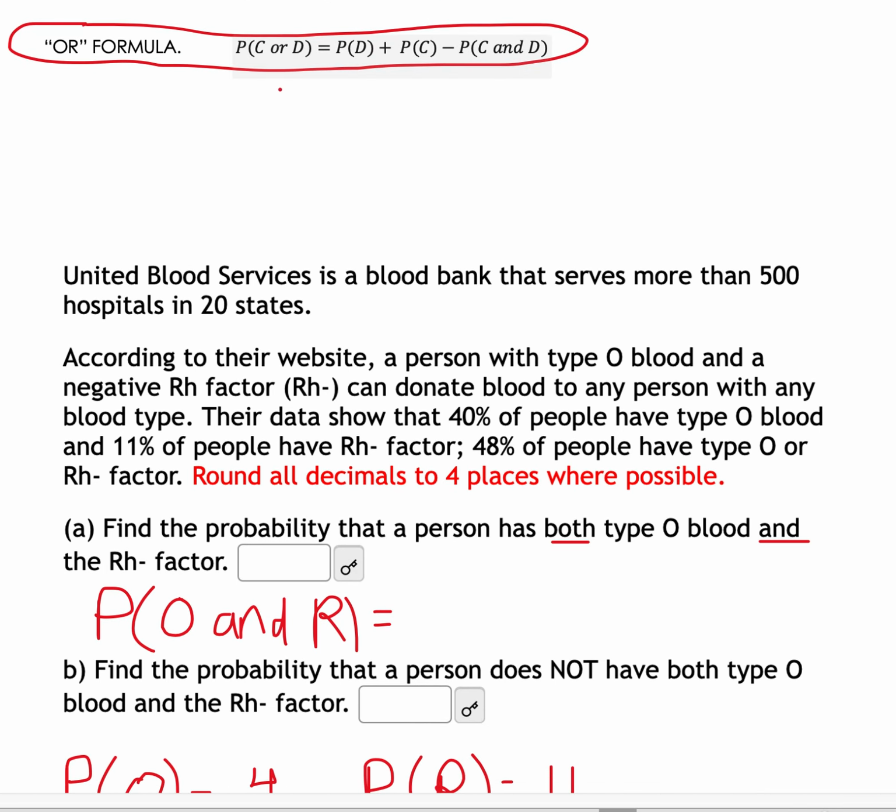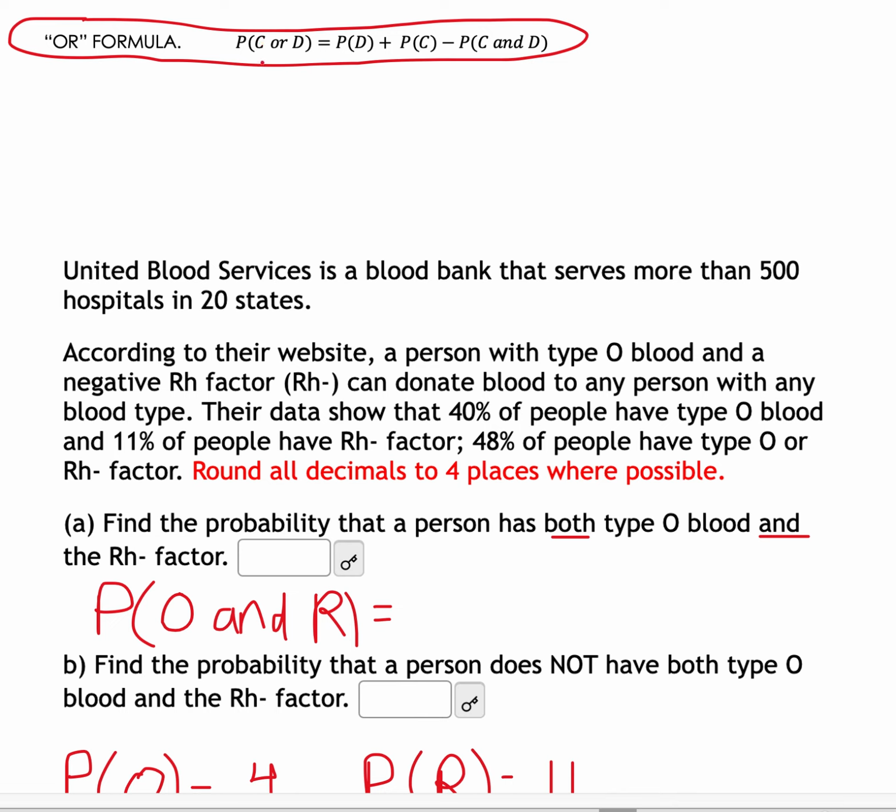But if I replace C with O and I replace D with R, I can figure out what O and R is because we have everything else. I have the value for the probability of O or R, I have the probability for R, and I have the probability for O. So I'm just going to plug in the values I have and solve for the AND portion.